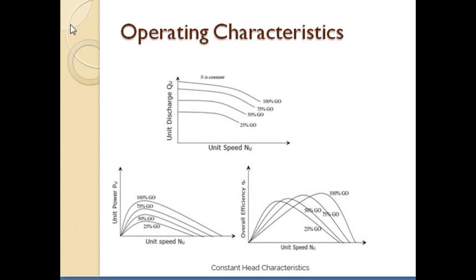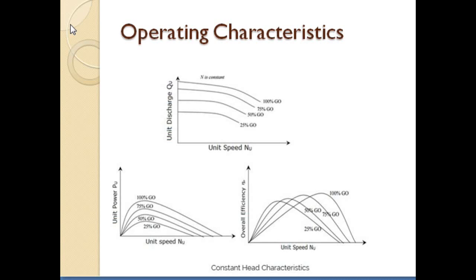For increasing unit speed, the discharge is coming down after some point, that is after the design conditions or the Francis designed value of the speed. If you increase the speed of the Francis turbine further, unit discharge is coming down.